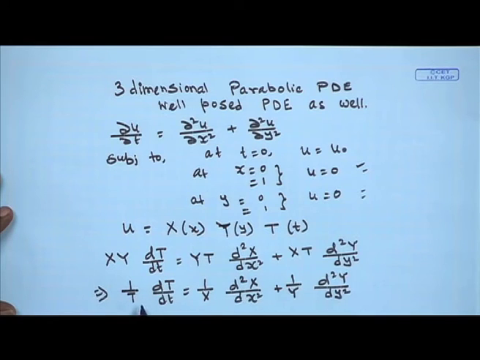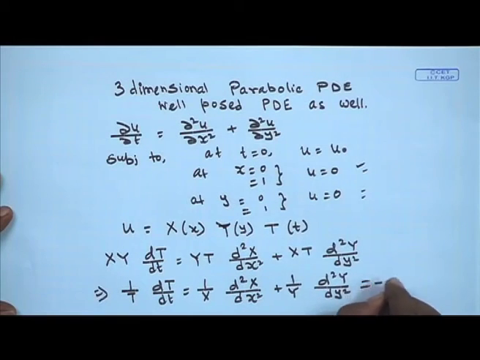Now, the left hand side is a function of t alone, the right hand side is a function of space, a function of x and y. So, they are equal, and they will be equal to some constant, and this constant has to be either 0, negative or positive. We have seen earlier that if it is 0 or positive, we will land into a trivial solution, but we are looking for the non-trivial solution.